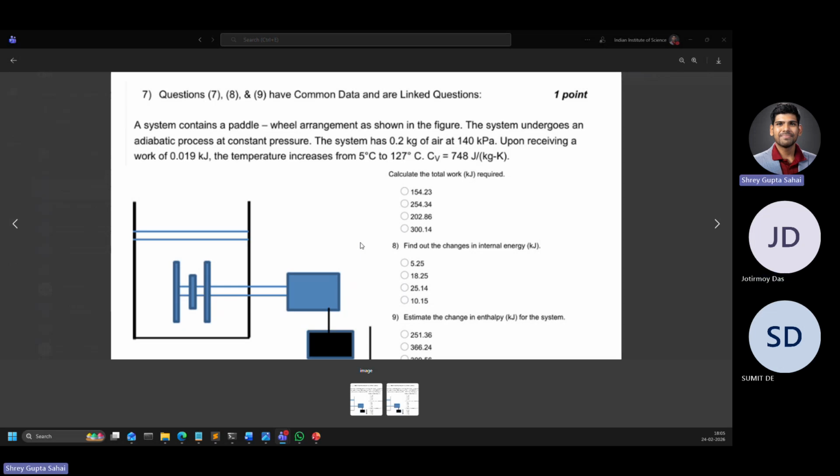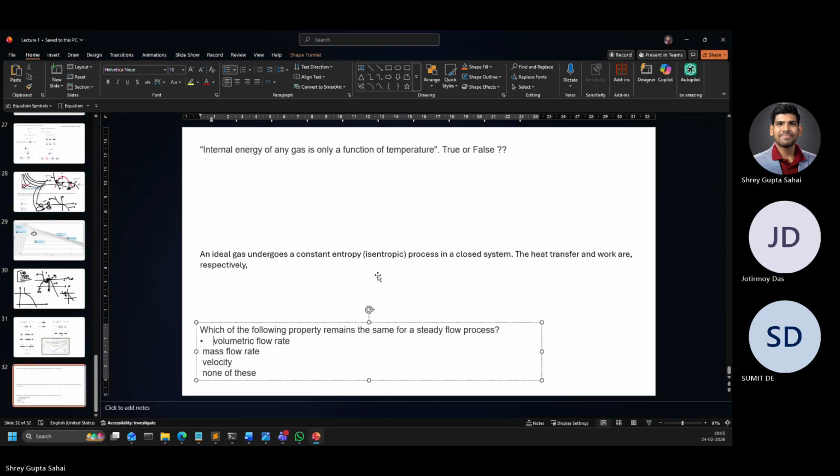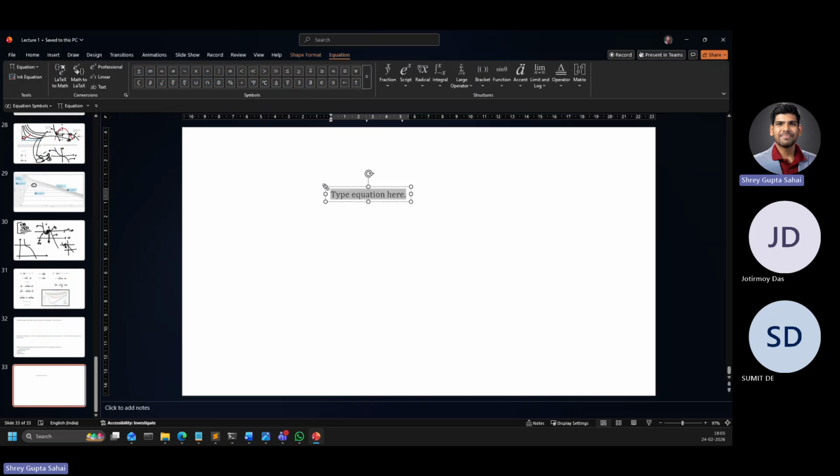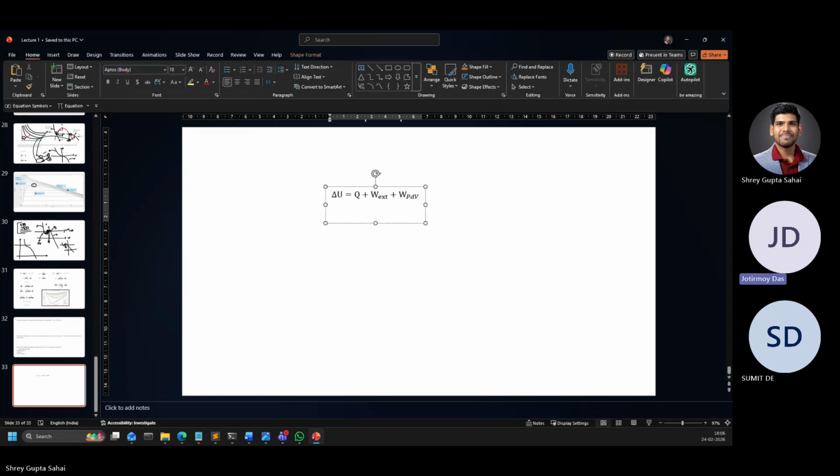Calculate the total work. Essentially, as you're mentioning, delta U is Q plus W. Now let's break the W to be W external plus W boundary, the boundary work, which is PdV.